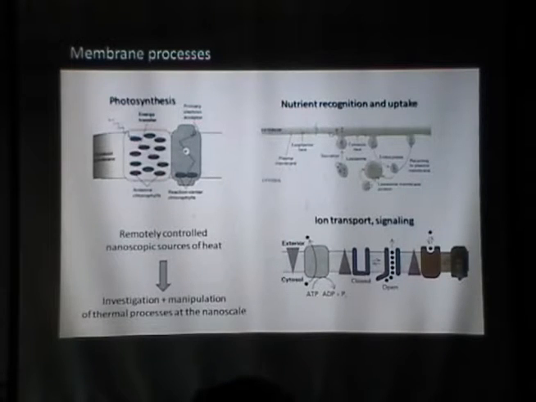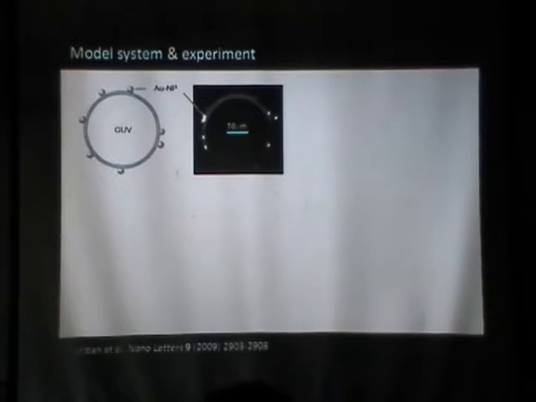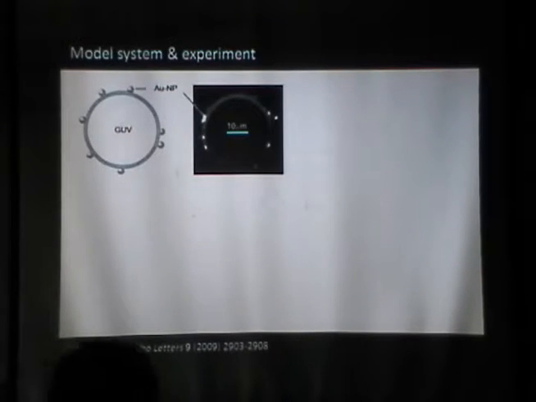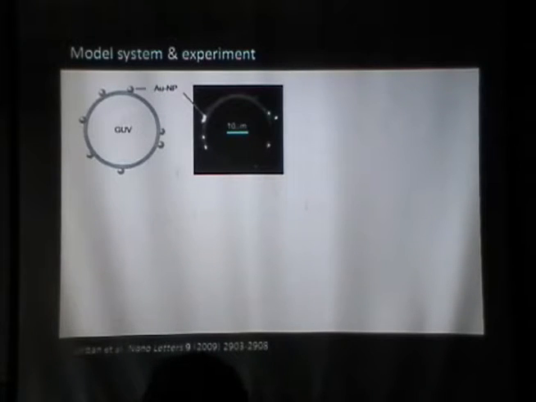But of course we started first with the model system, which is an empty membrane. These model systems are called giant unilamellar vesicles, and it's like a big bubble of a phospholipid membrane. So here you see a dark field image of one of these GUVs decorated with some gold nanoparticles on the surface. This membrane is only 5 nanometers across.